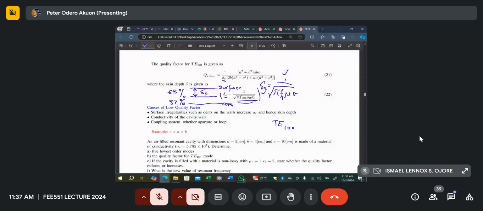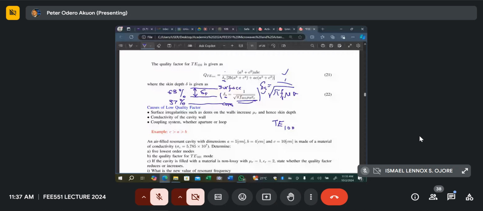So you can start from calculating FR 101, then maybe 011, 102 (so you increase P to 2), and 111, and check the lowest order modes.